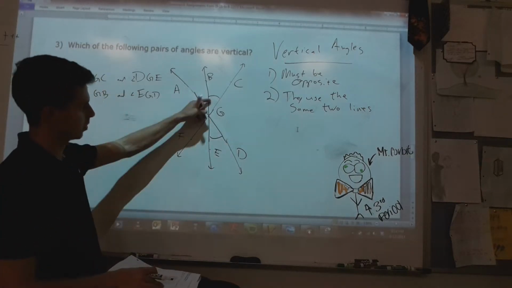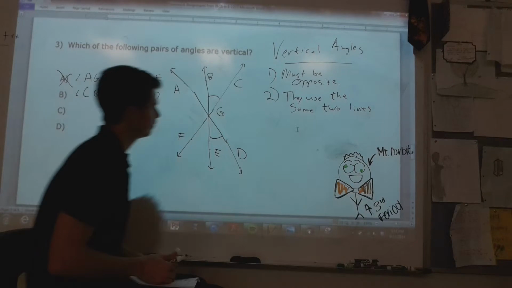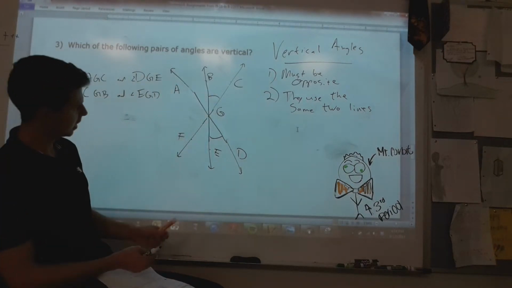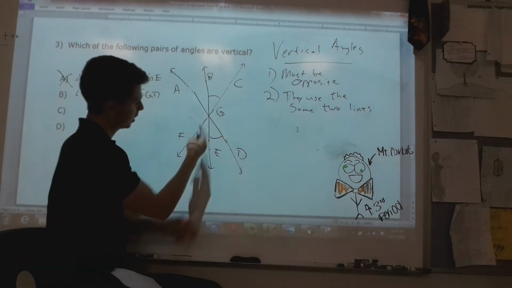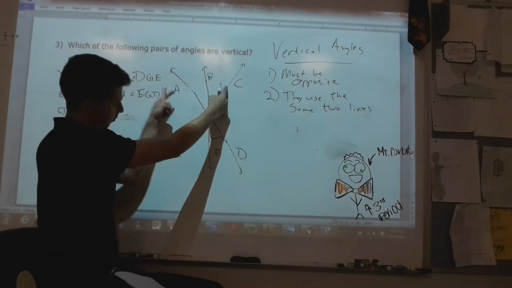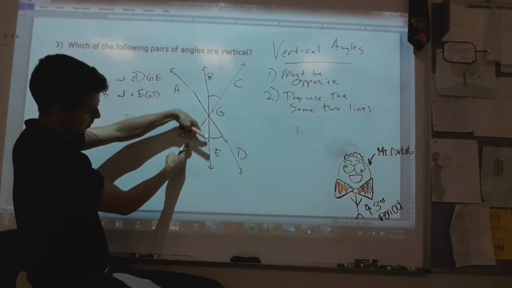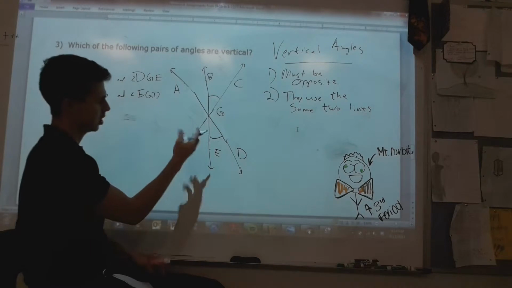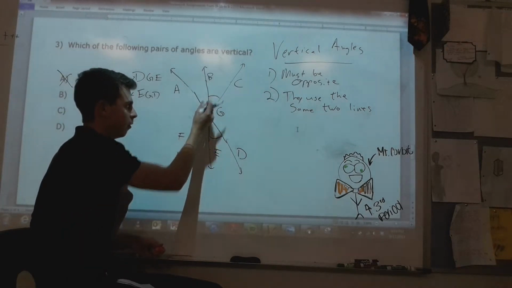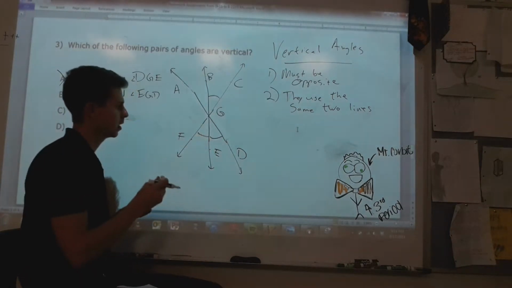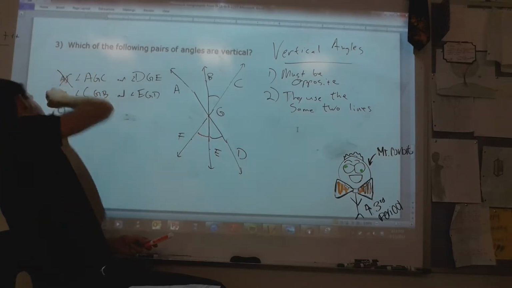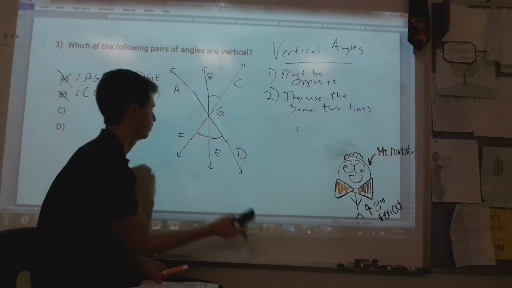Now this is one that also kind of looks like they're very similar, but this angle right here is using these two lines. So if we continue these two lines, they use these two lines. So the correct vertical angle for this angle would have been here. So I know that answer choice B is also not correct.